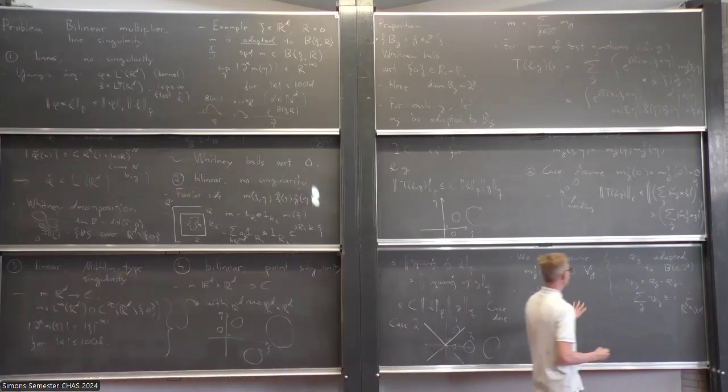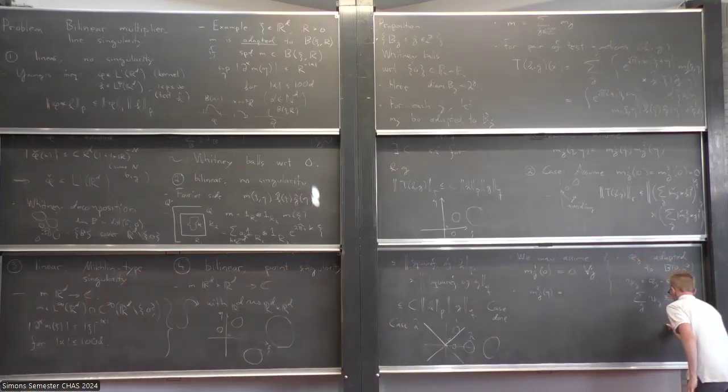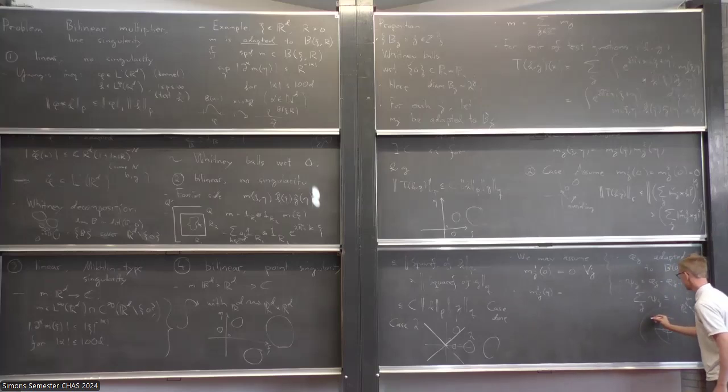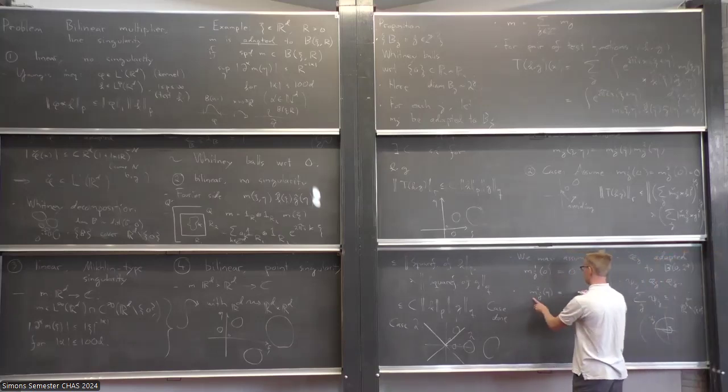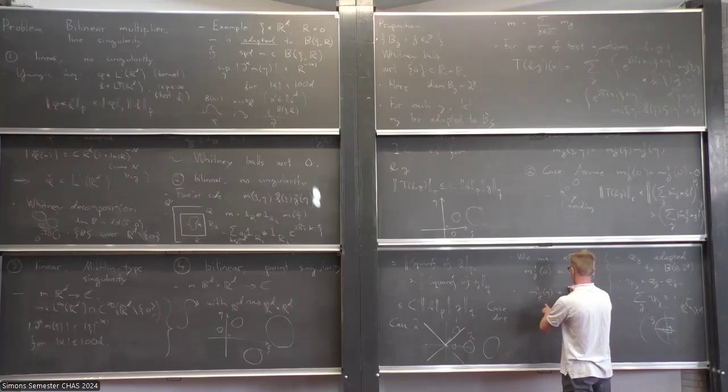And now using this standard Littlewood-Paley decomposition, we have these functions psi_j living in the annuli, and phi is the one in the middle. So we can decompose this multiplier in two parts.